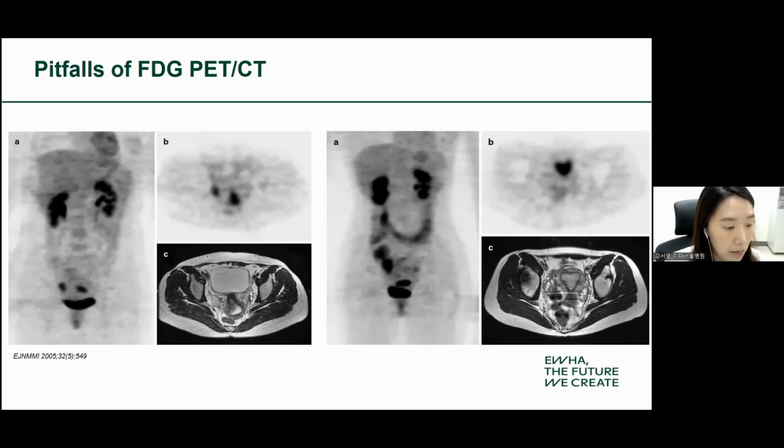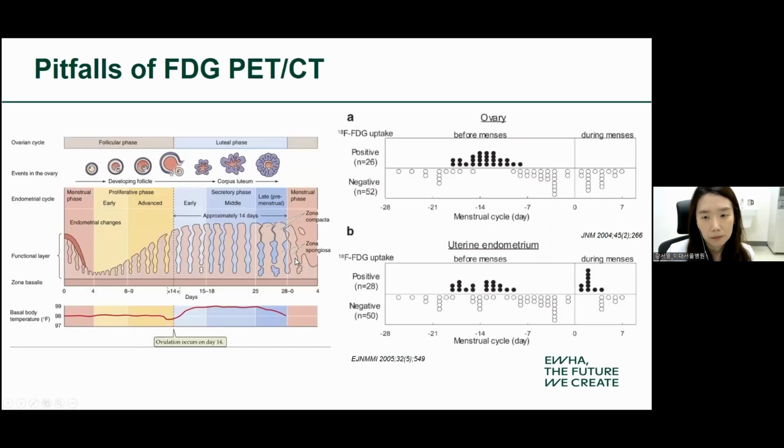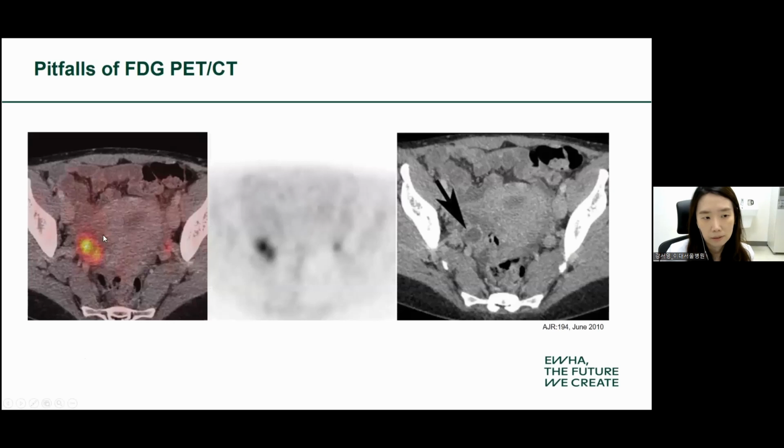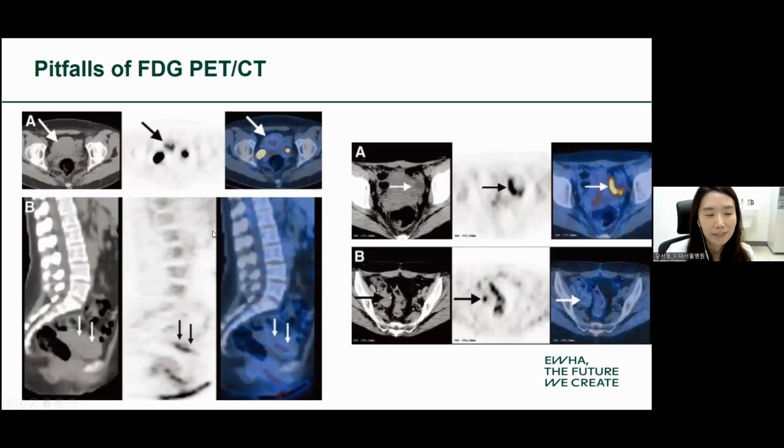But in my experience, young patients with highly active ovarian function usually show bilateral ovarian uptake in the functional stage, but some patients show unilateral uptake, like this case here. So I think it depends on the patient. Thank you.